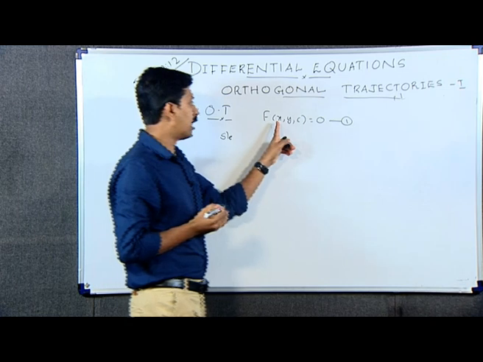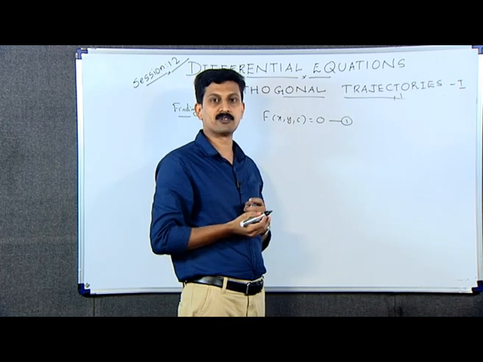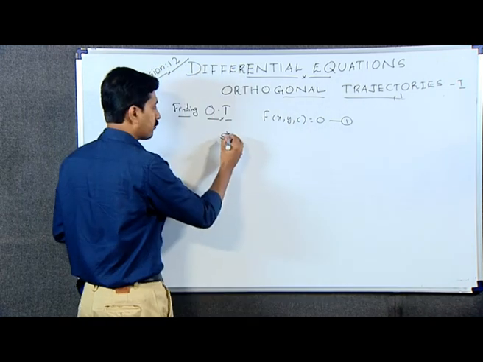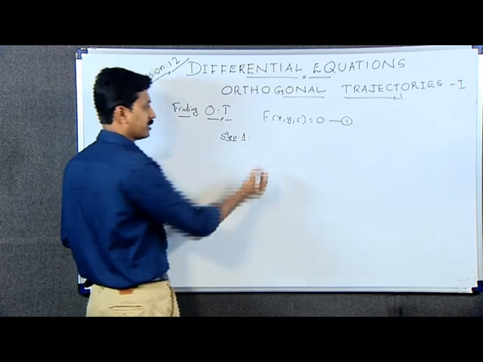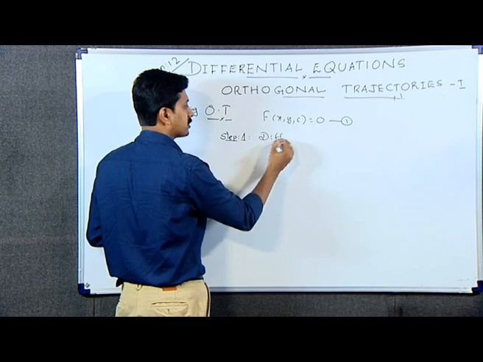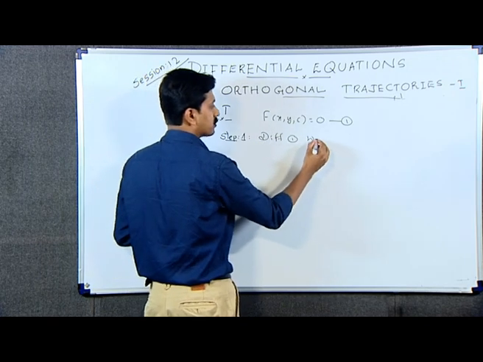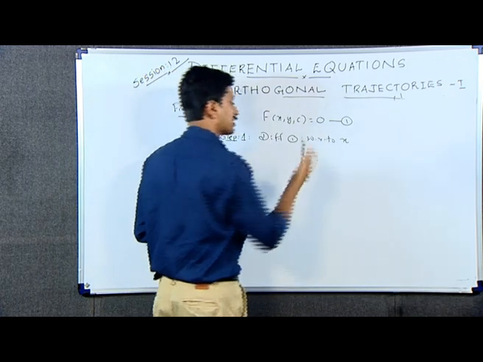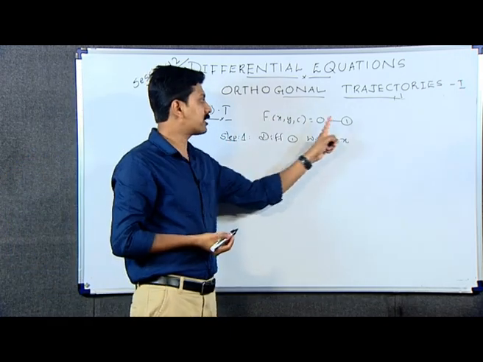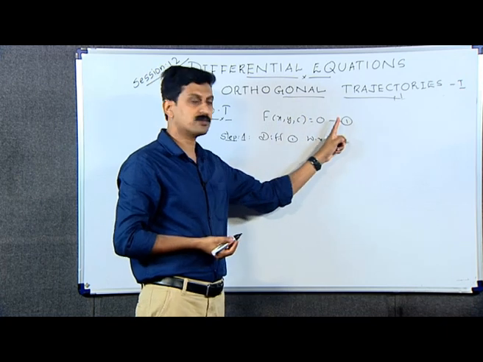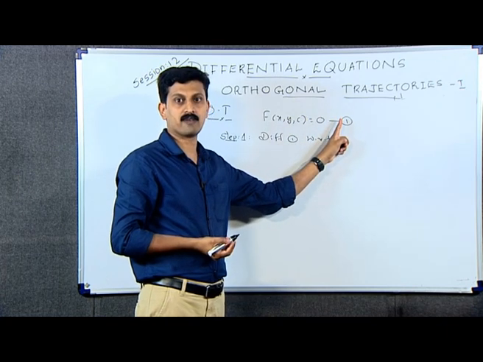We are given f of x, y, c is equal to 0, and in step 1 we will differentiate 1 with respect to x. What will happen?